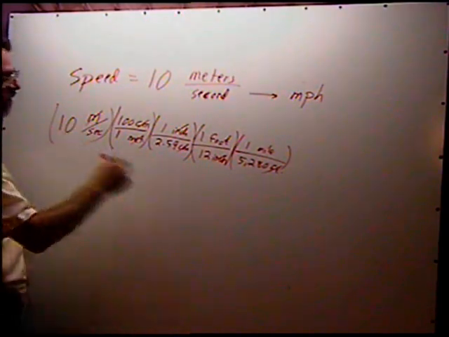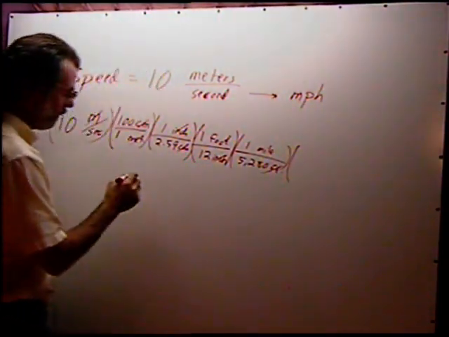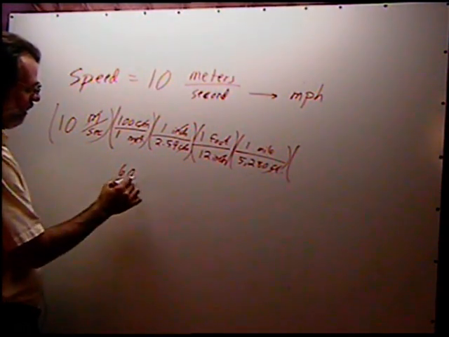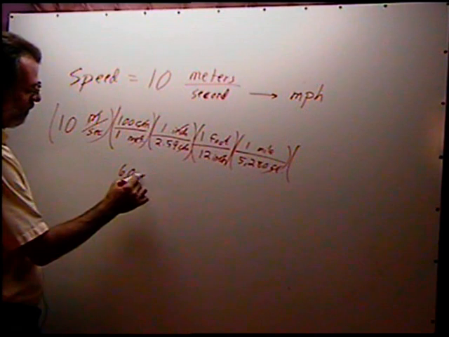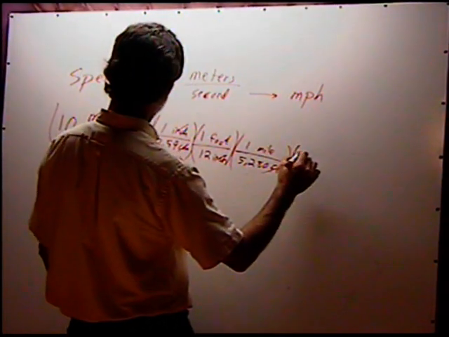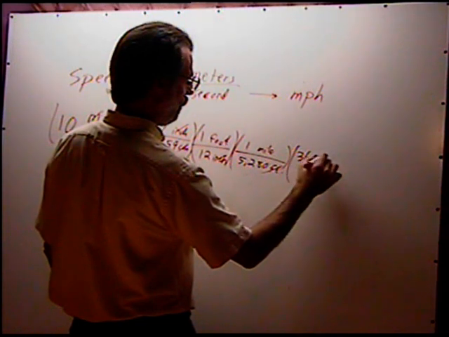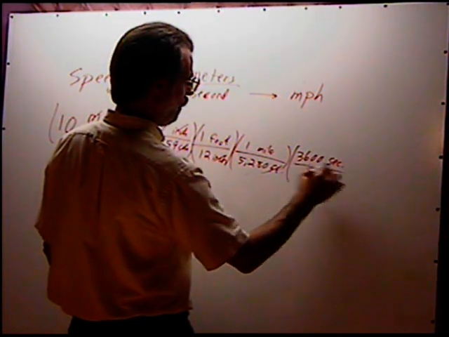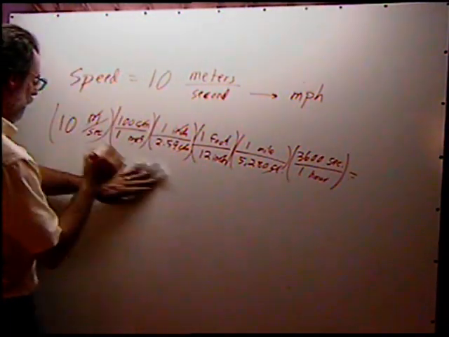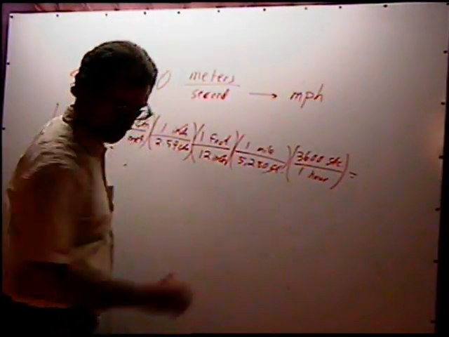Now the seconds. Now maybe you can do this in one. There's 60 seconds in a minute and 60 minutes in an hour. So that's 3,600 seconds in 1 hour. And the seconds cancel out.